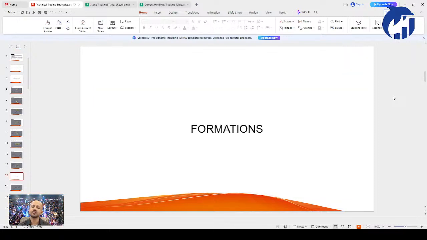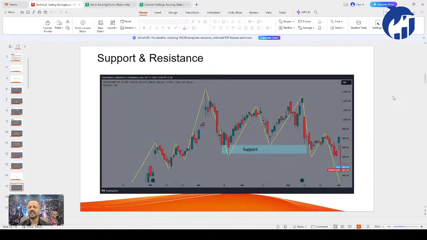Now we have formations. We have very basic formations such as support and resistance. It has already been discussed so vastly during the live trading sessions that some people might find it very easy, but some people are still learning. Remember, we are not here to teach just one or two people.